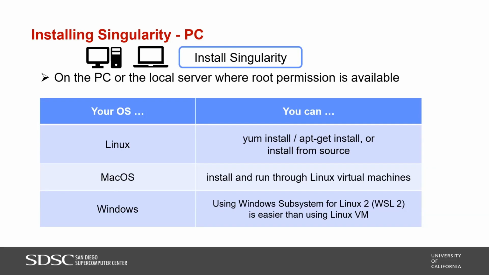Once you have installed it, you will have a Linux platform in your Windows, and you then just install Singularity with yum or apt or RPM, just like you are using Linux. So that's my recommendation to install Singularity on Windows.